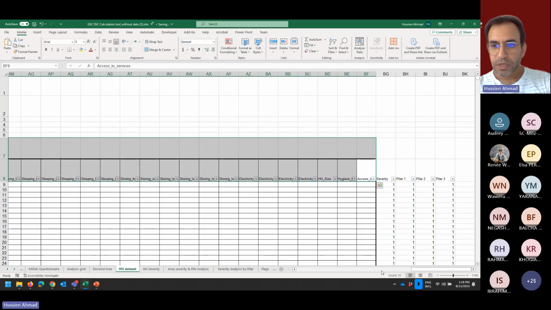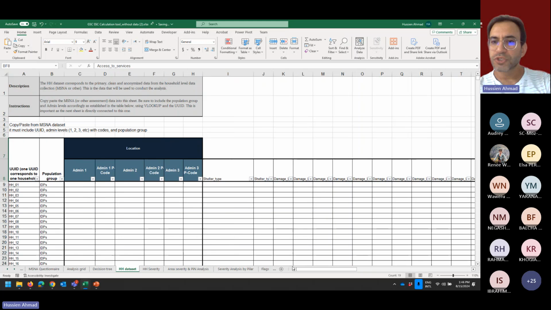No matter how many columns you have there, you just populate your data, and then you will have to do some data changes, maybe changing values yes and no to 0 and 1 if it makes it easier for you to do the formula, merging a couple of columns or splitting a couple of columns, based on how the MSNA questionnaire and the dataset were initially structured. But everything related to that has to happen in this sheet before you move on in the analysis.